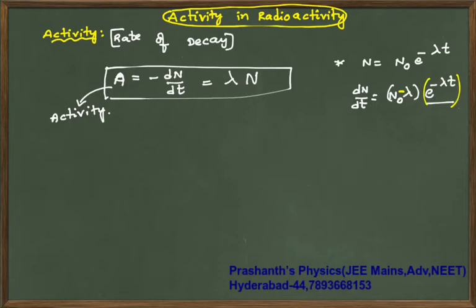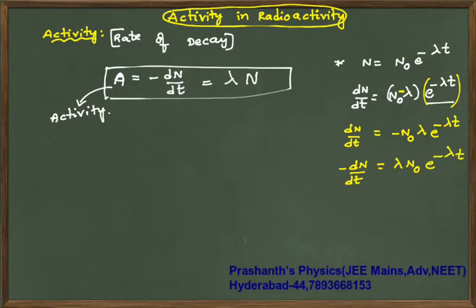So dn by dt is minus n naught lambda e power minus lambda t. Sending the minus to the other side, minus dn by dt is lambda n naught times e power minus lambda t.